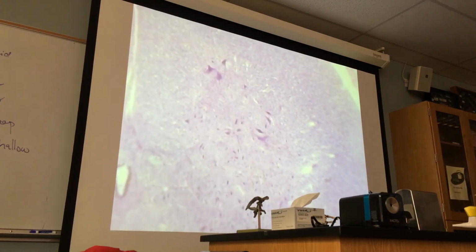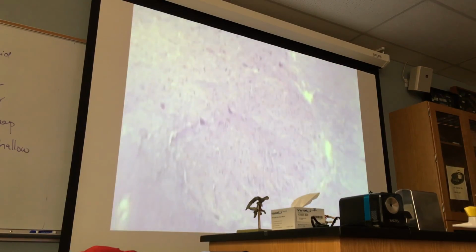If you come this way, this is the lateral column of white matter. You remember this is the lateral side. This is the anterior side, lateral side. So, dorsal side will be over here.